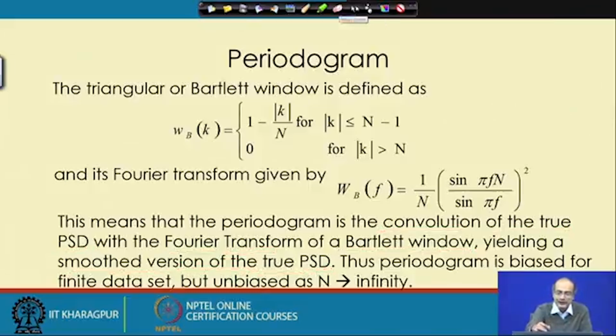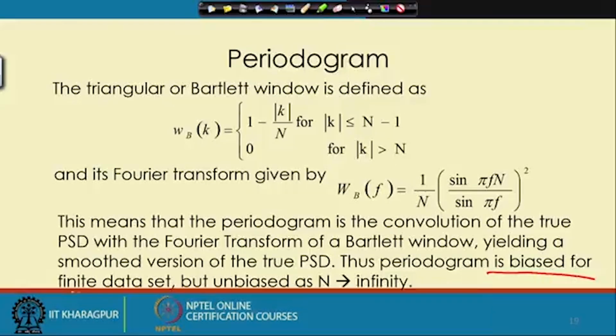So, in essence, the periodogram is a biased estimate for a finite set of data, but unbiased as n tends to infinity.